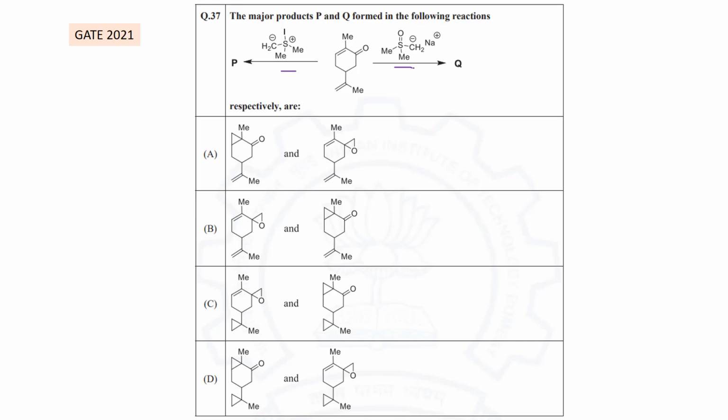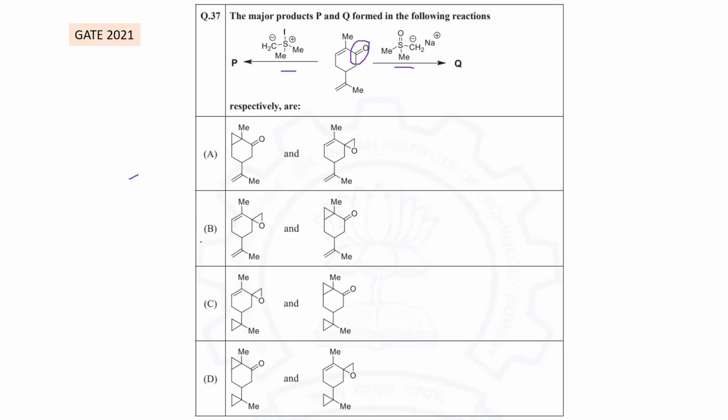In presence of sulfoxonium ylide, if there is just a carbonyl compound, it will also give an epoxide. But if there is an alpha beta unsaturated compound, the sulfoxonium ylide will selectively react with the alpha beta unsaturated double bond. So in presence of sulfonium ylide, it will just react with the carbonyl compound. Selectively it will just react with the carbonyl compound. So it will give us epoxide.